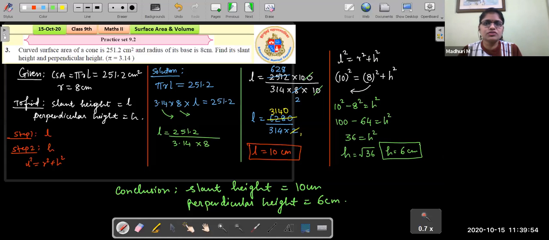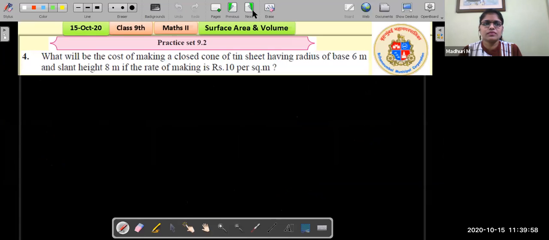Fine, we move to the next question, that is the fourth one. Yes, this is an application-based question, and we start by writing out what is given. The question says, what will be the cost of making a closed cone of tin?